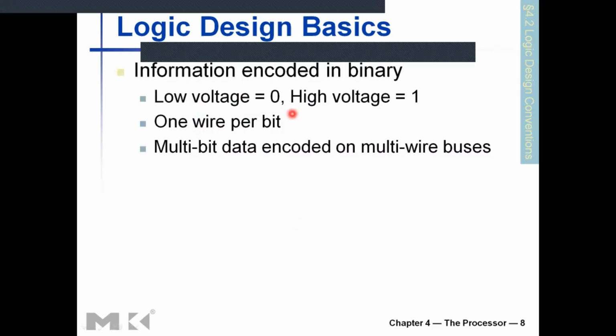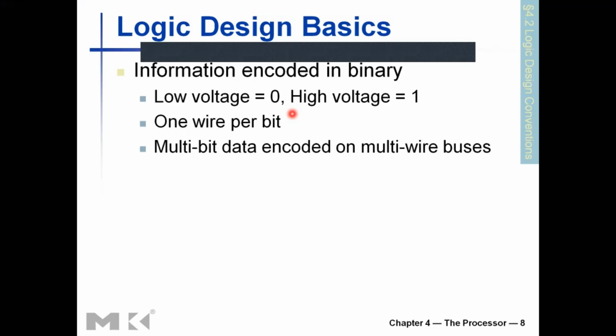So when you talk about a 32-bit instruction, you need 32 wires for that instruction to travel in parallel. There are mechanisms where you can transmit data serially in sequence using a single wire or 2, 3, 4 wires. But in CPUs where these data are transmitted in parallel, you need one wire per bit.